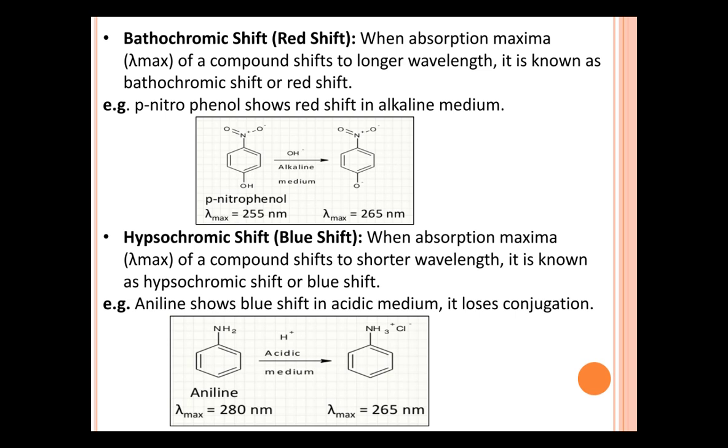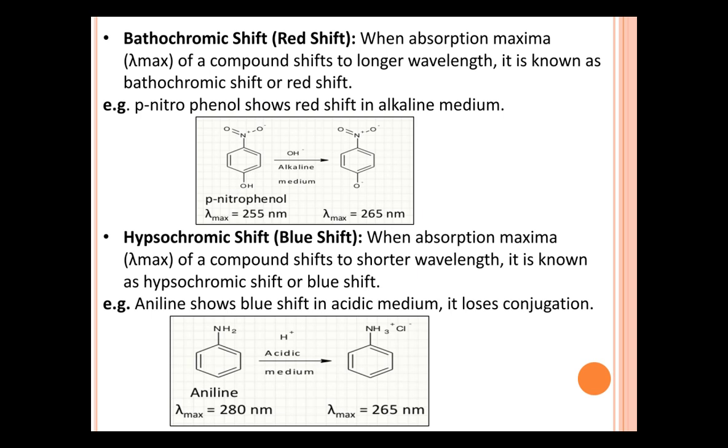So there is a shift in lambda max value, meaning lambda max value increases, because negatively charged oxygen can delocalize electron more effectively in the benzene ring than the unshared electron present on the OH group. First the lambda max value was 255 nanometer and then it became 265 nanometer. So this is an example of red shift.